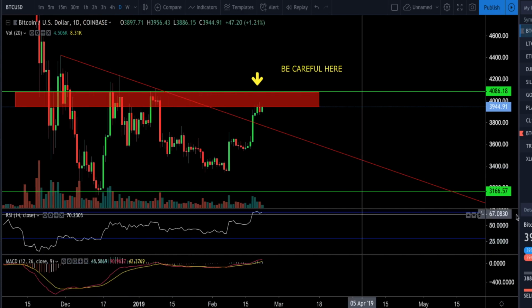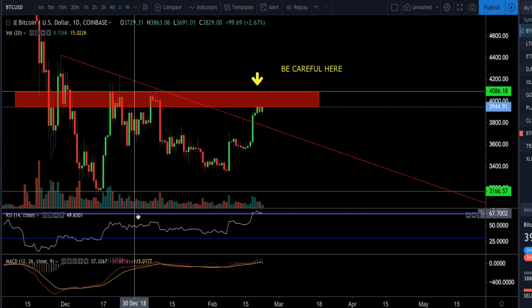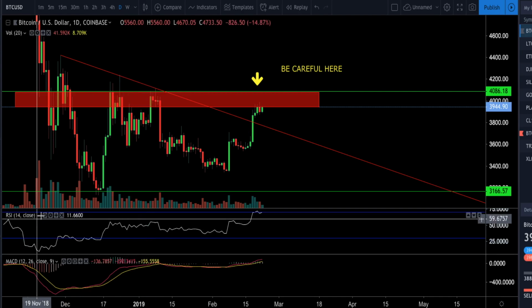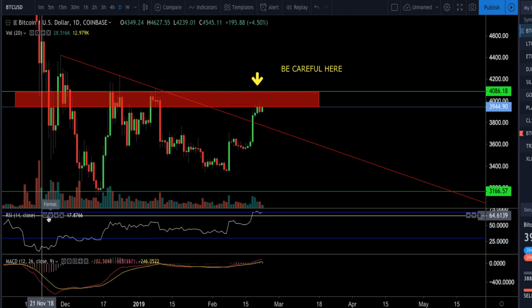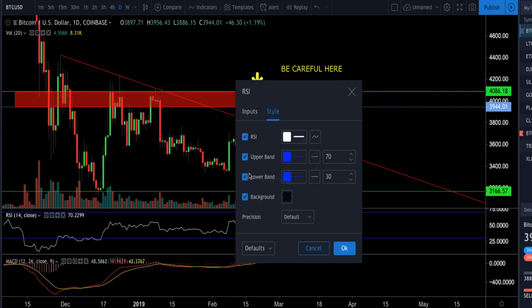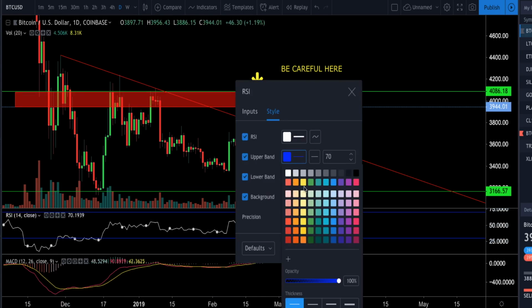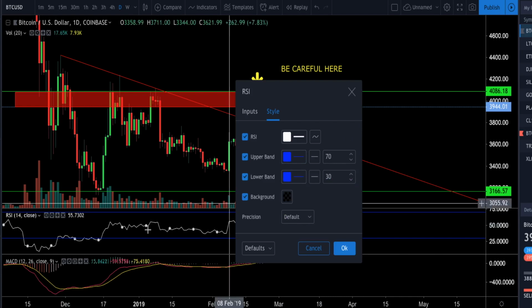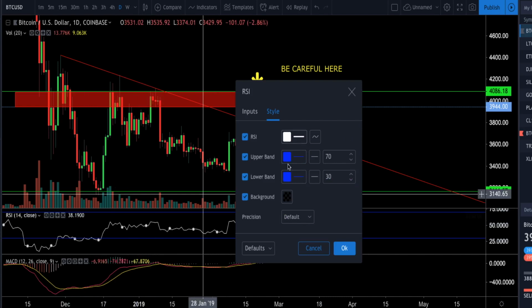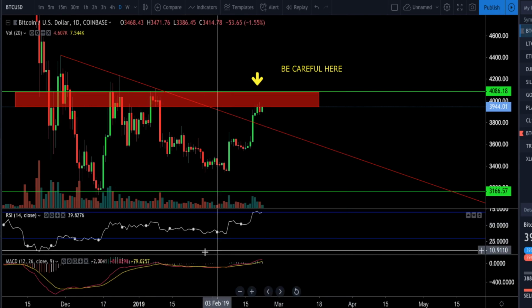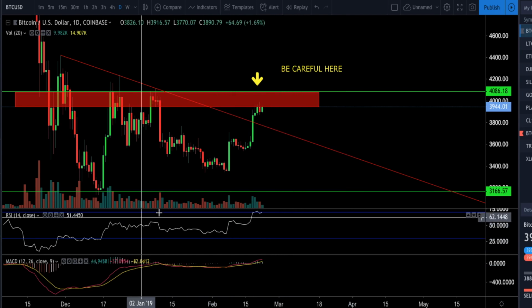Now, most RSIs, I have these blue lines set to blue, and you can just change that. These little buttons right here, this little format, you can click on this, and you can change your colors to whatever you want. I like mine to be blue with my RSI line to be white. It's just personal preference. But you see these blue lines here.